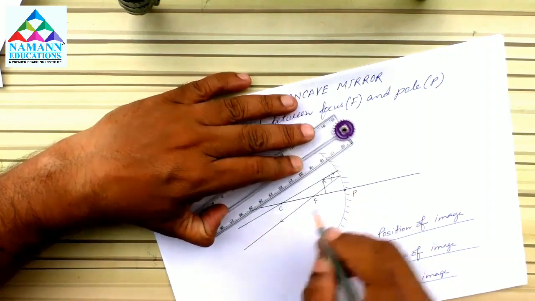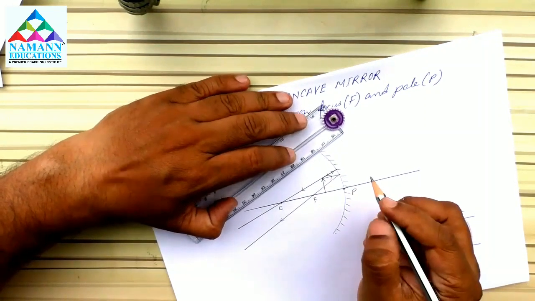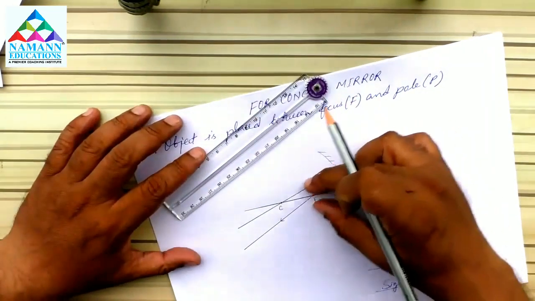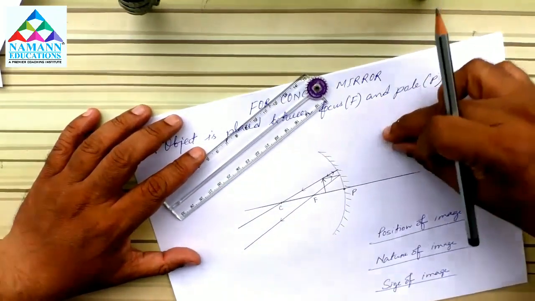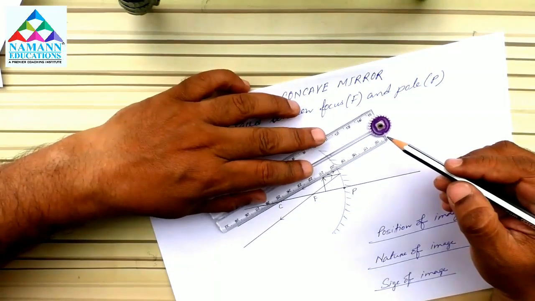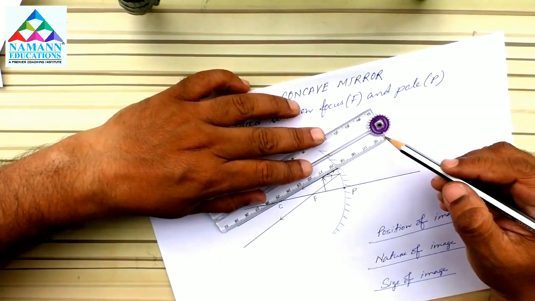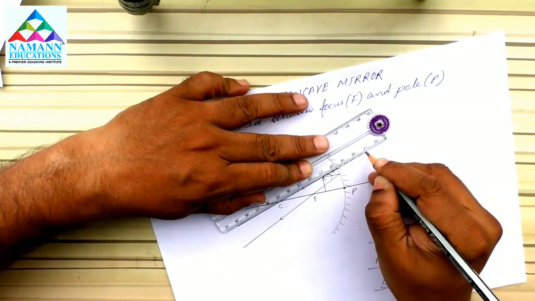So these 2 light rays are diverging in nature. If we produce these 2 light rays back, they will meet at a point. So I am doing what? I am producing these 2 light rays back. The first one and the second one.